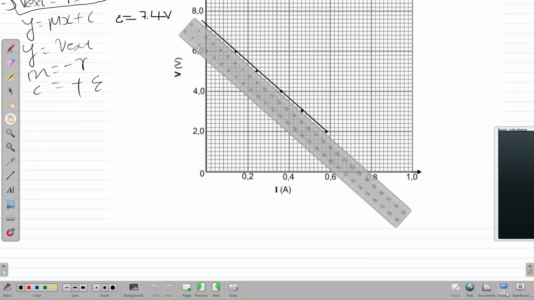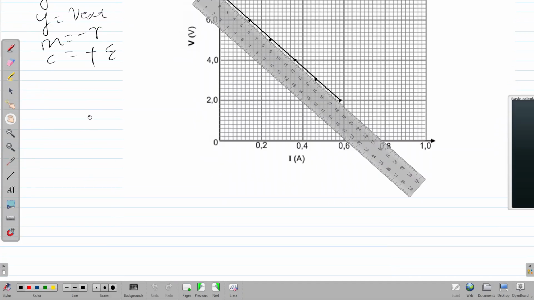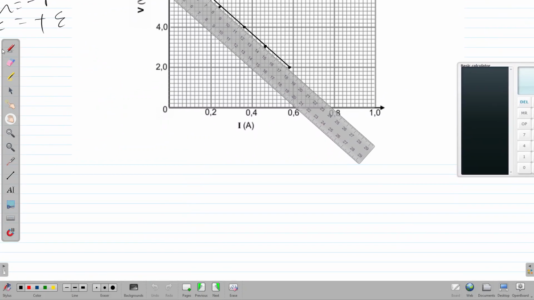Let me select any points here. Because we want the internal resistance, the gradient m is going to be delta V, the change in the variable on the y-axis, divided by delta I, the change in the variable on the x-axis.